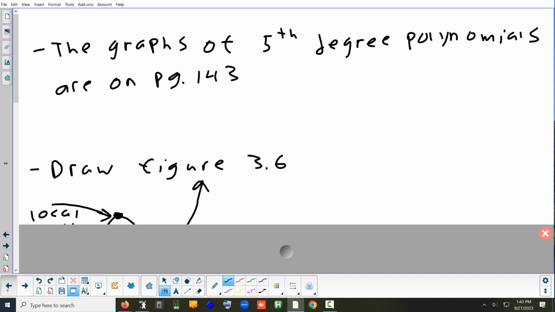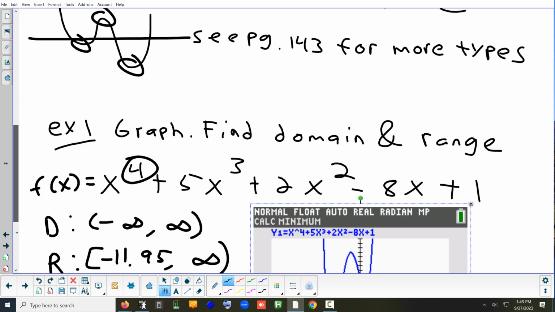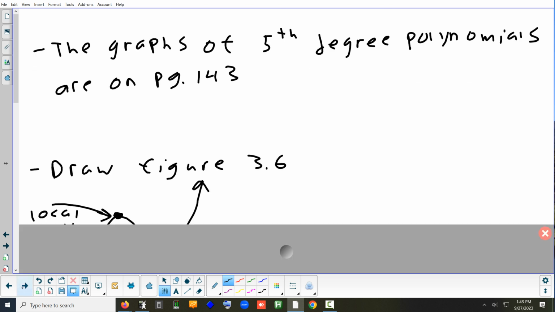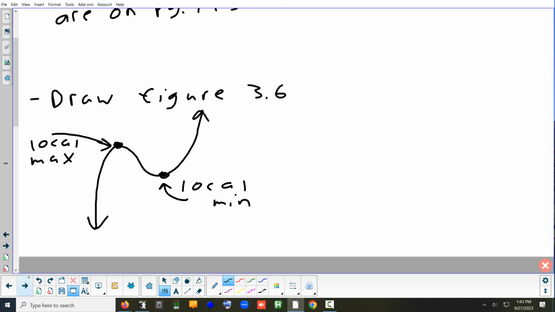So all these different points right here, like this one, and this one, those have a special name. Okay, they're a point where the graph turns. And they're what we call local extrema, okay, local minimums or local maximums.